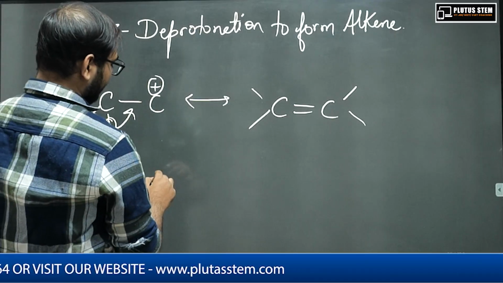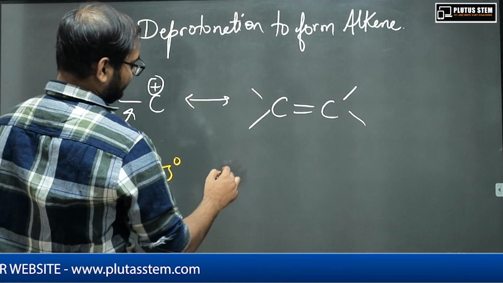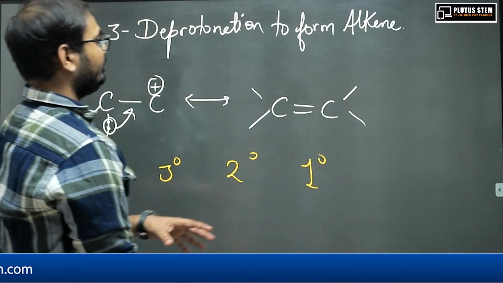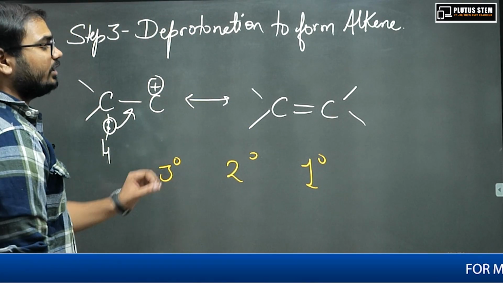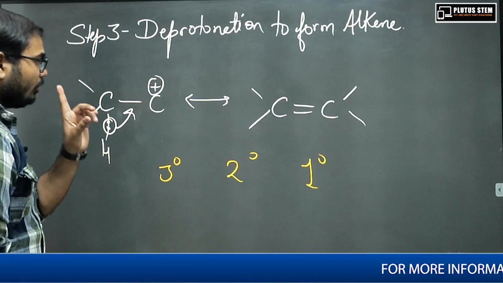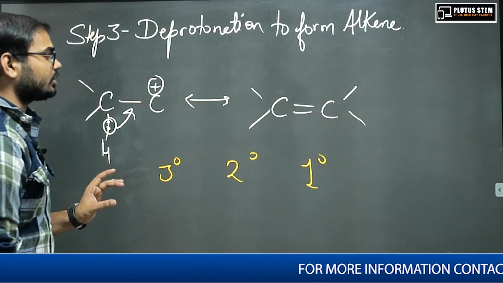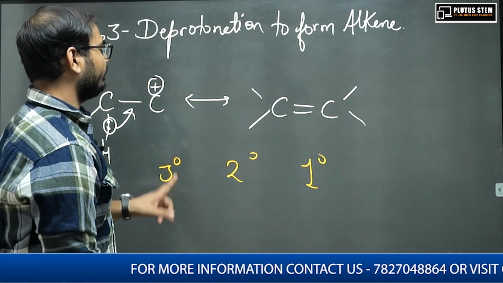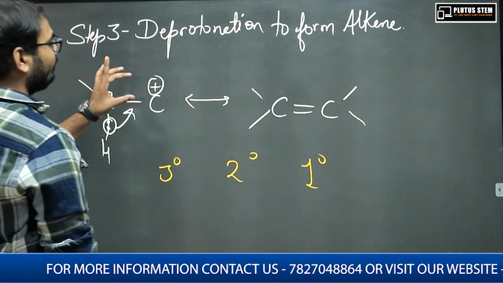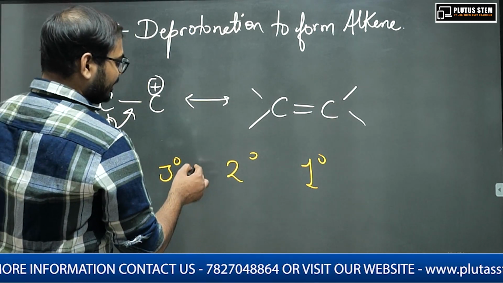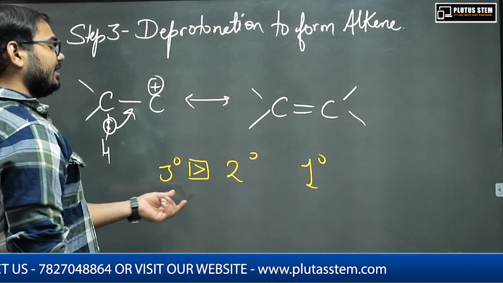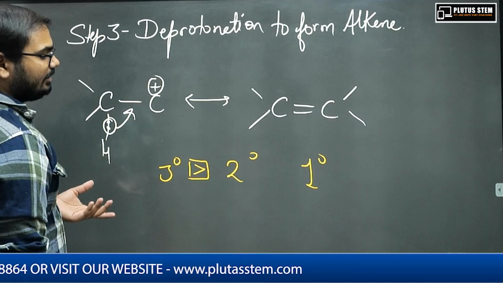But the question arises: different alcohols like tertiary alcohols, secondary alcohols, primary alcohols, which type of alcohol will first react to give you an alkene? First, those alcohols which are tertiary in nature, the removal of the OH group will give you a stabilized tertiary carbocation. A stabilized tertiary carbocation means there are more alpha hydrogens nearby.